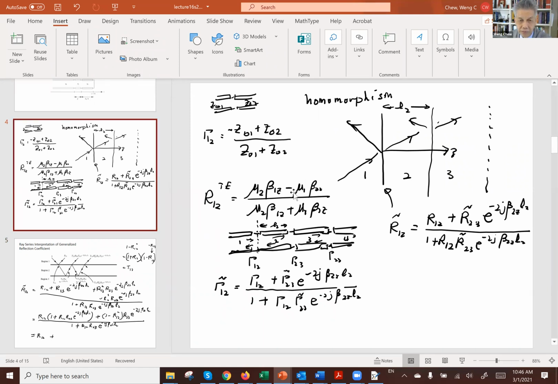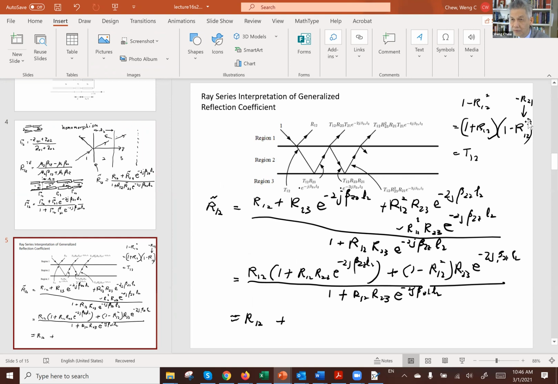If you have R12, it turns out to be that. If you were to swap the two indices to R21, it would just change the sign and make this into negative R12. Okay, so I can hence change this R12 to negative R21, and then this would just be T21. So this becomes T21, this becomes T12.